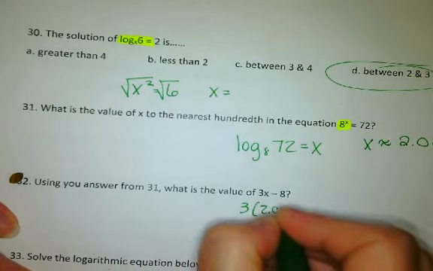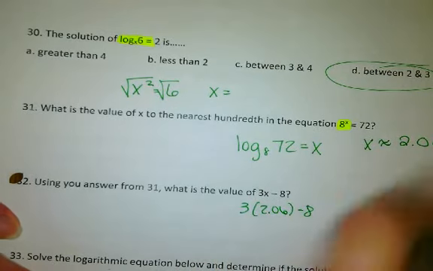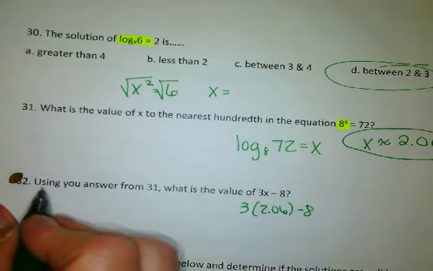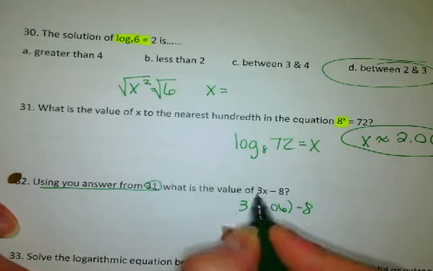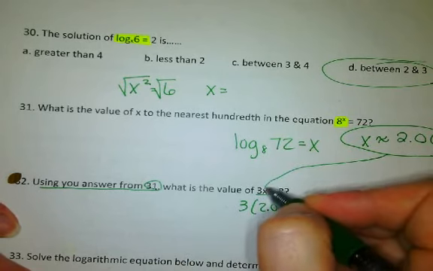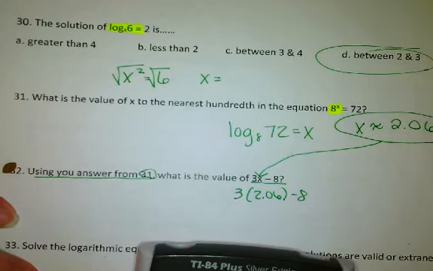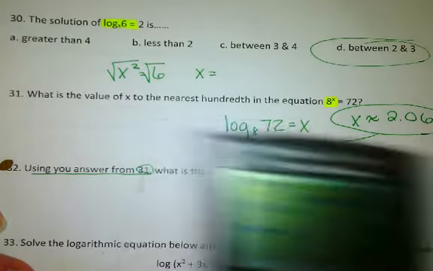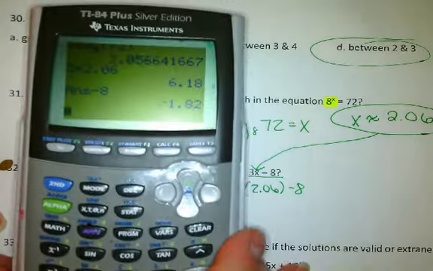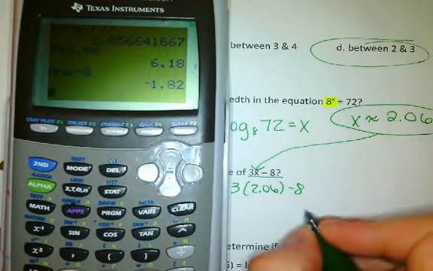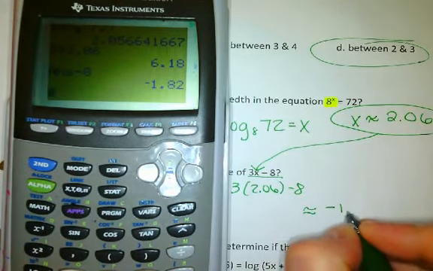So 3 times 2.06 minus 8. All I'm doing on this one is using your answer from 31, what is the value of this? So that's my answer, and I'm just going to substitute it in there. When I substitute all that in, I get approximately negative 1.82.